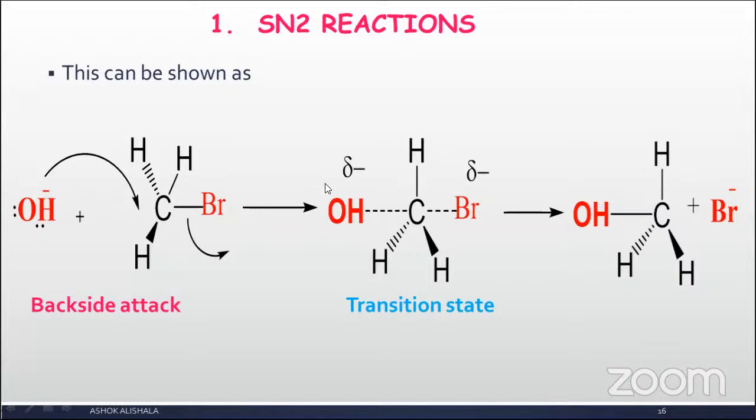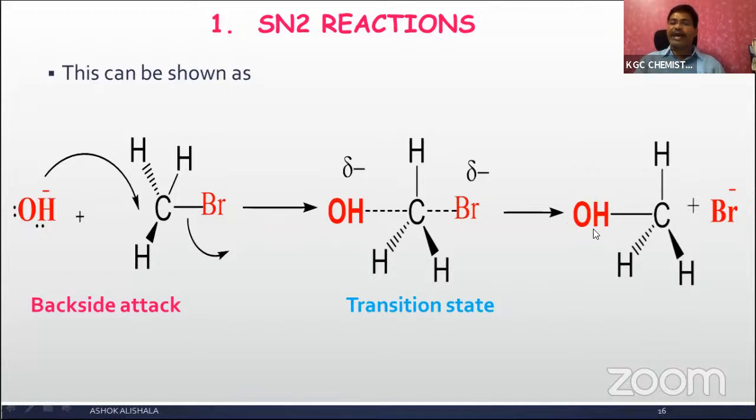In the transition state, both the entering group and the leaving group are present. And in the final product, if you observe, the entering group is attached on the back side, opposite to the leaving group. Suppose it is a D isomer, a dextro isomer, the product formed will be a levo isomer. This is called the inversion. This inversion is called the Walden inversion. That is, Walden inversion takes place in the case of the SN2 reaction.